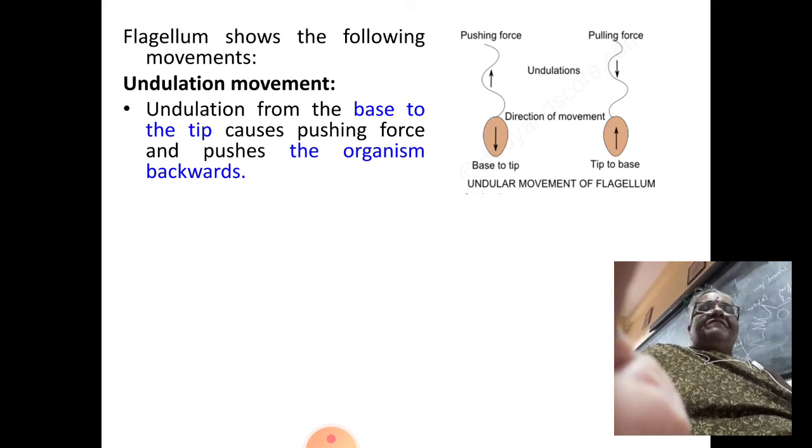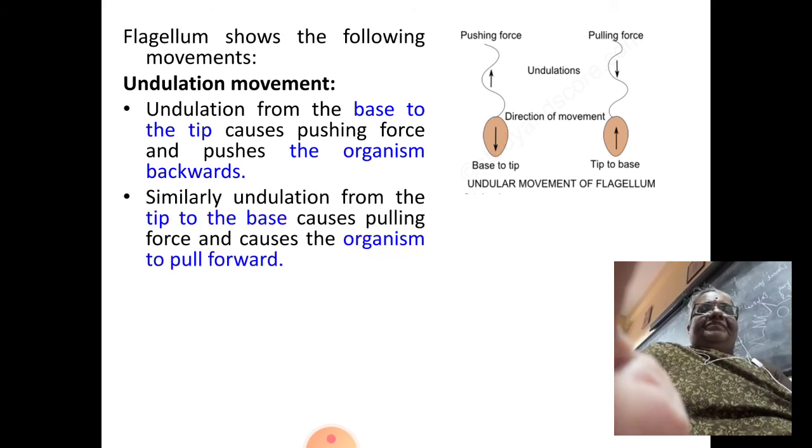The diagram is self-explanatory. Please remember, undulation from base to tip causes pushing force and pushes the organism backwards. Similarly, undulation from tip to base causes a pulling force and pulls the organism forward.